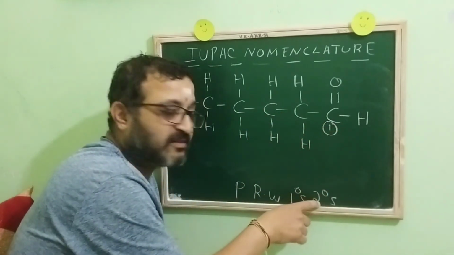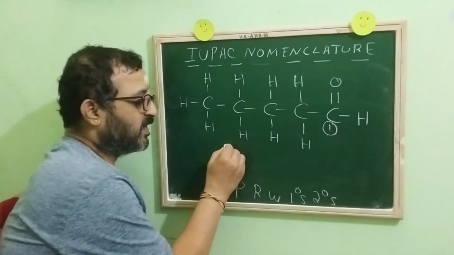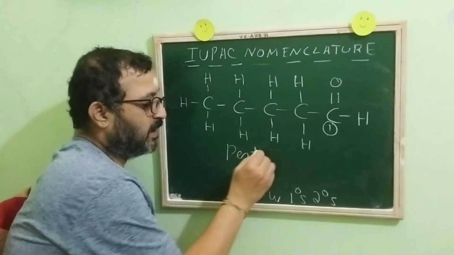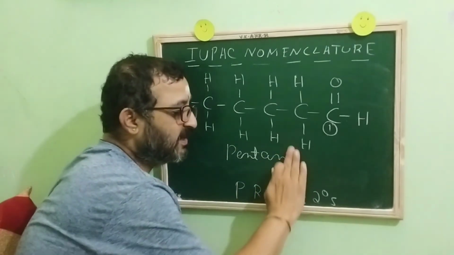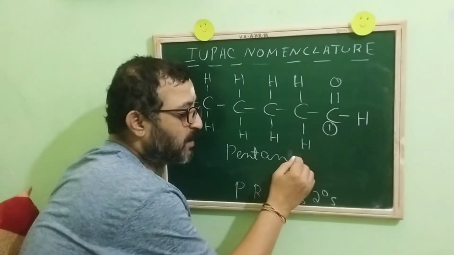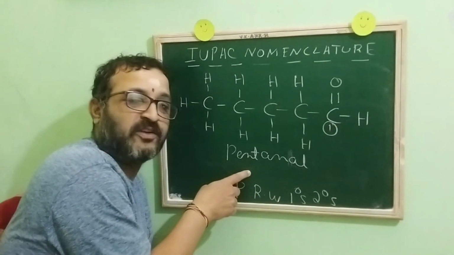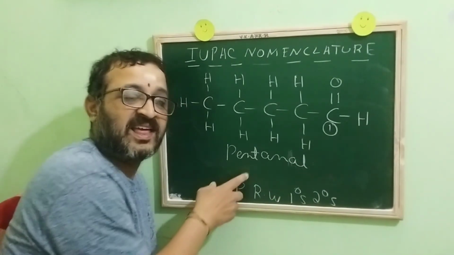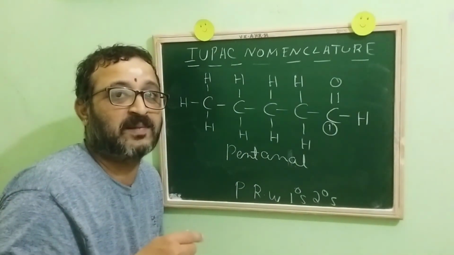Aldehyde is there. The secondary suffix I am supposed to add is what, children? Al. So, the name of the compound will be pent, single bond is there, ane, aldehyde is the functional group. I'll remove E and I will add al. So, the name of the compound is what, children? Pentanal. I hope, children, you have understood all these compounds which I have explained till now.